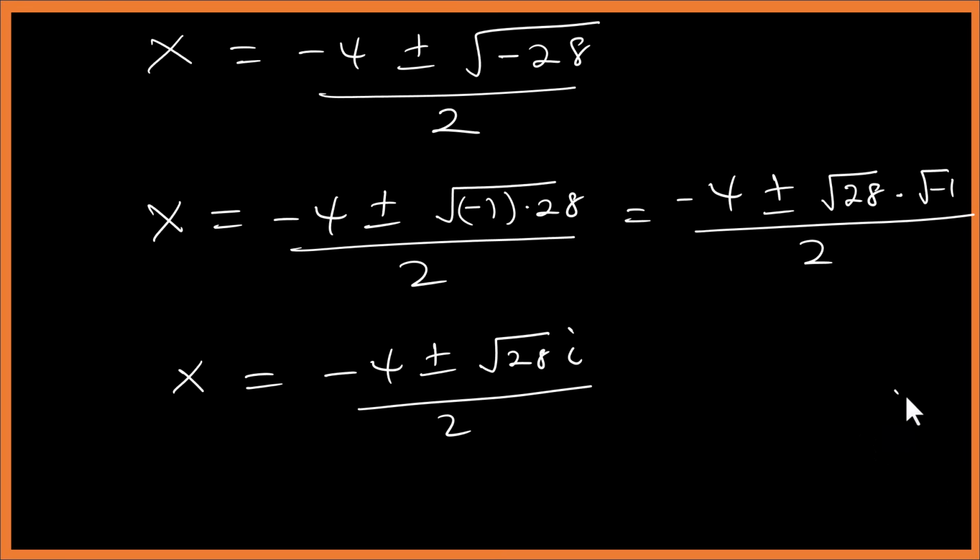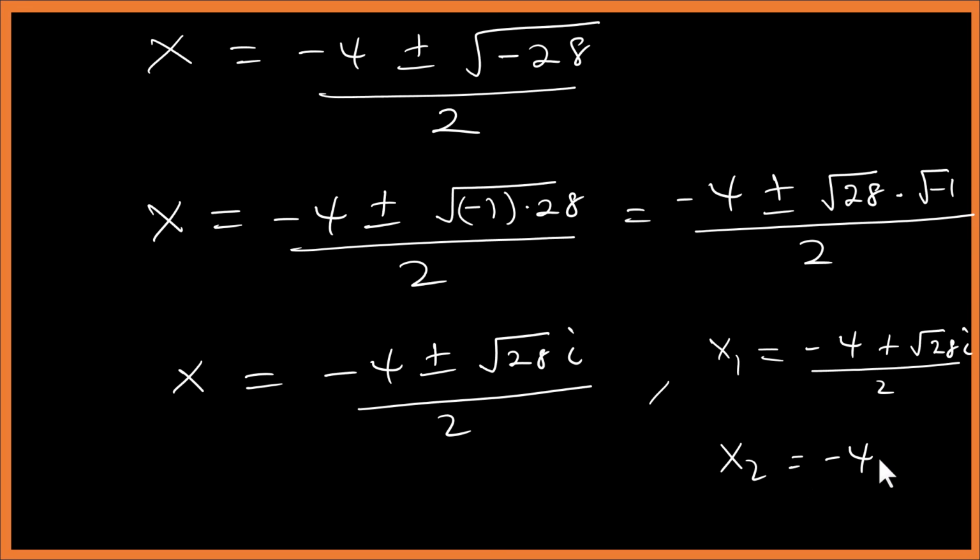The first one, x1, will be minus 4 plus square root of 28 i on 2. Then x2 will be minus 4 minus square root of 28 i on 2. So we have the first two solutions.